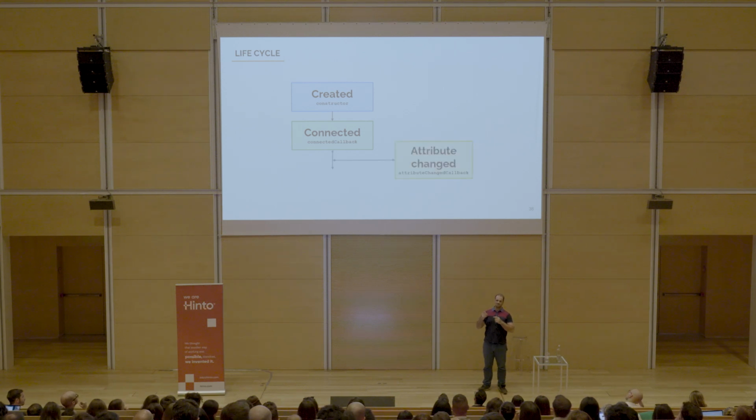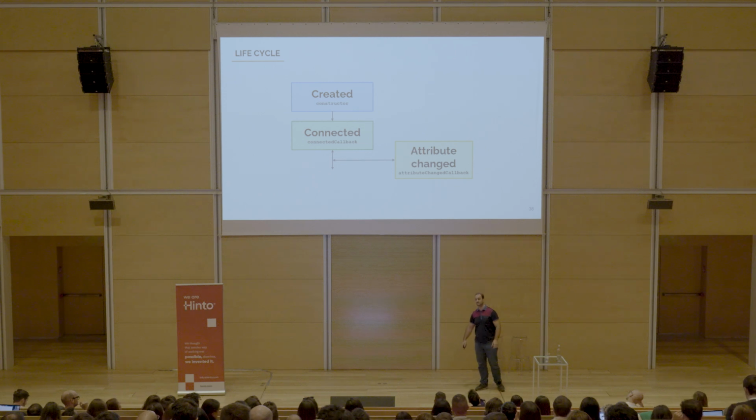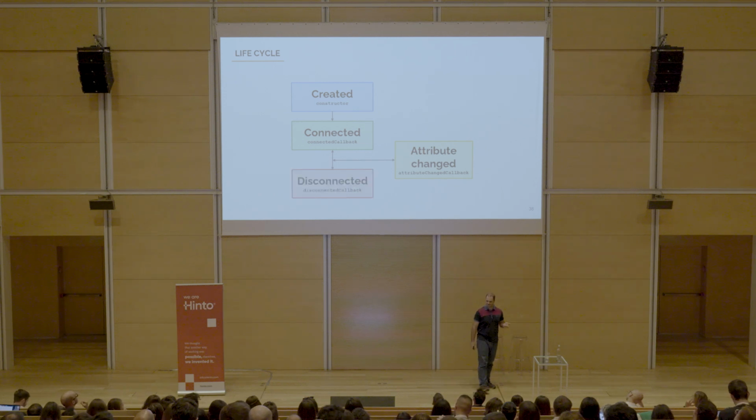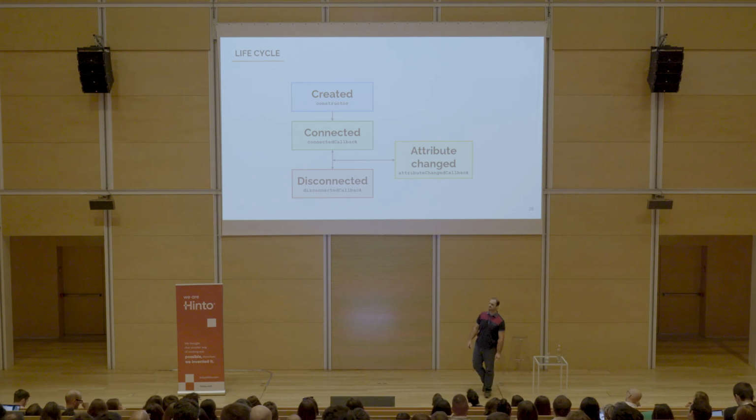And we can also observe the changes of a limited list of attributes, limited for performance reasons, and we react to the changes. And finally, we can do something when the element is disconnected from the DOM, from the page, which is usually tearing down what has been done in the connected callback. This is not a destruction, keep in mind.